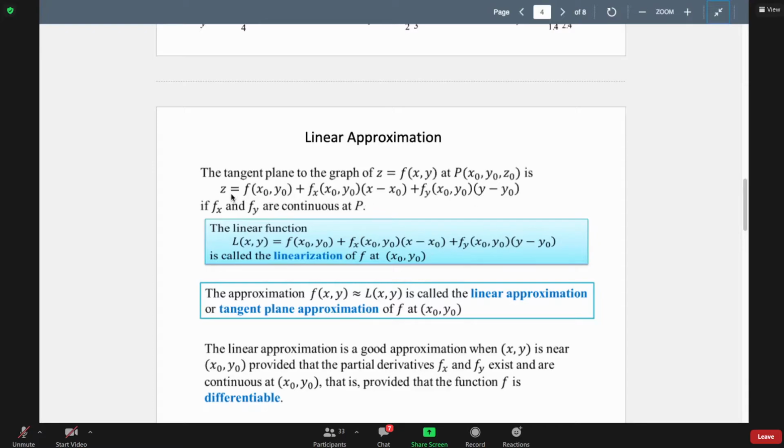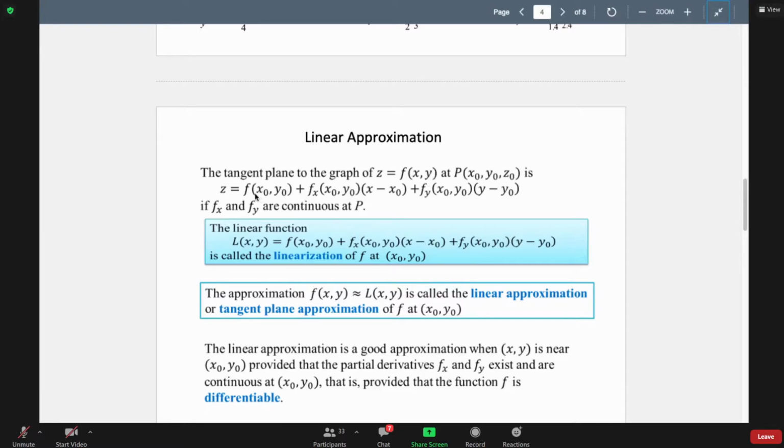So the notation sometimes used is L of x, y. That's this function we call L of x, y. And we call this the linearization of the function, or a linear approximation, or tangent plane approximation. So this is the terminology here.